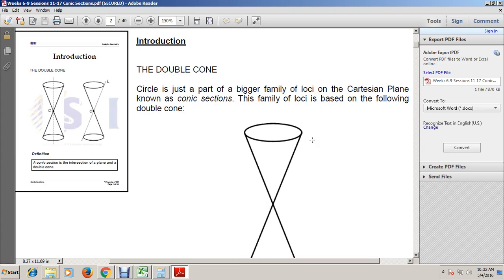Now, of course, a cone, if you're going to have a cross-section area, would have a cross-sectional area which is circular in shape. Therefore, a circle is just a part of a bigger family of loci in the Cartesian plane known as conic sections. This family of loci is based on the following double cone.